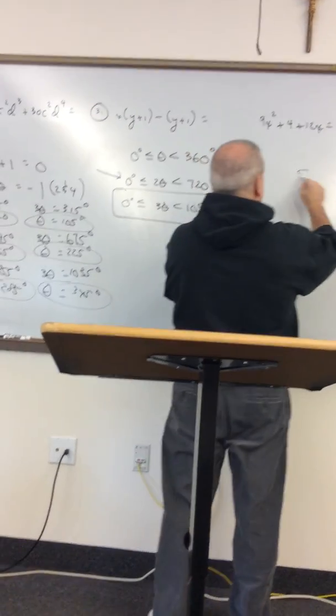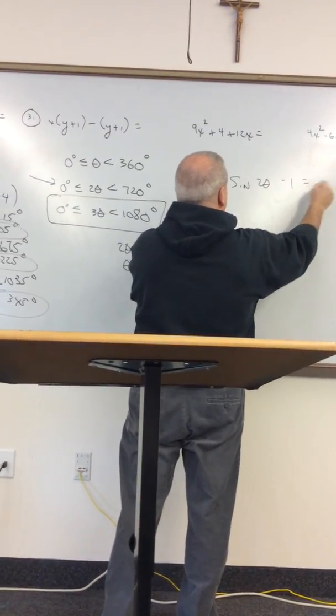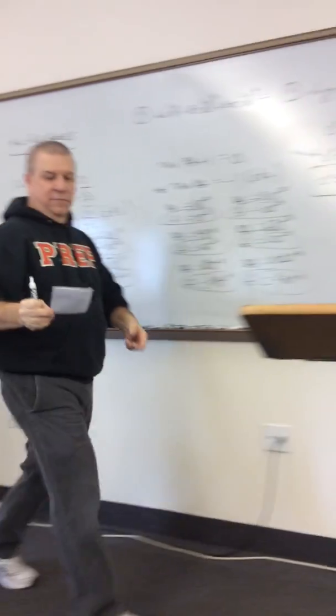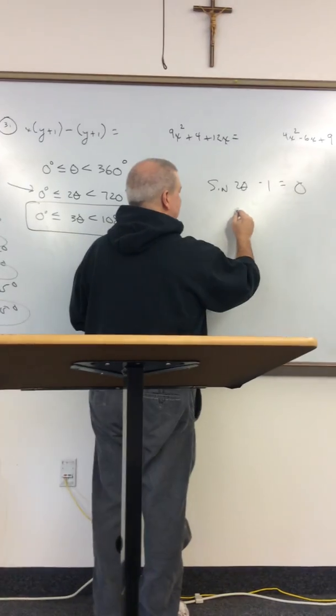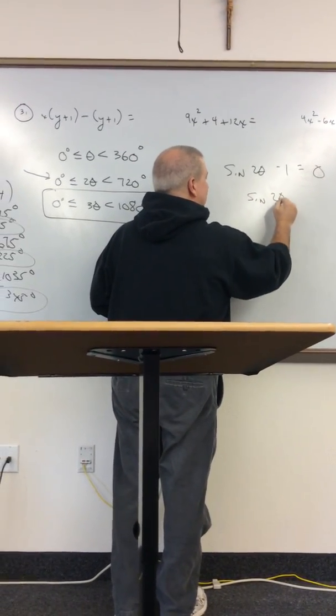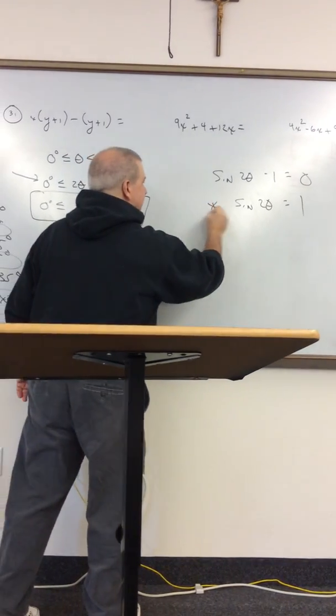Okay, last thing. Sine of 2 theta minus 1 equals 0. And then I'm going to give you these 7 problems. Multiple angles. Sine of 2 theta, put the 1 on the other side. Okay.